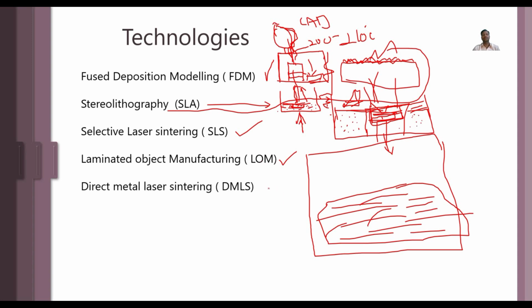Later, direct metal laser sintering (DMLS), we can use this kind of manufacturing process for any large scale aerospace applications.